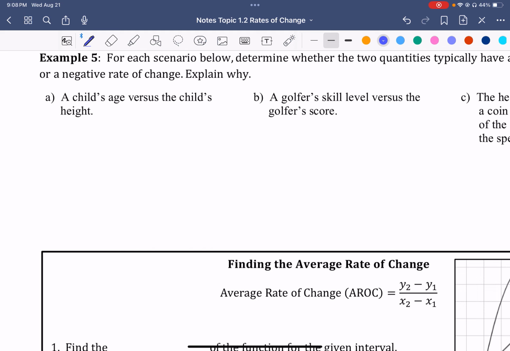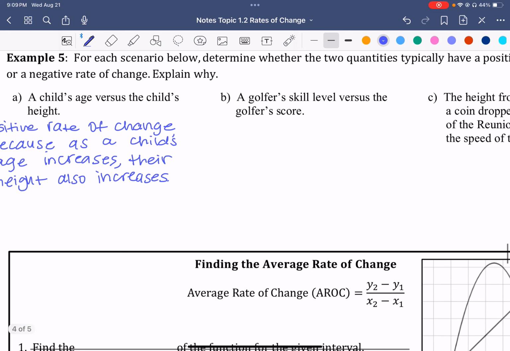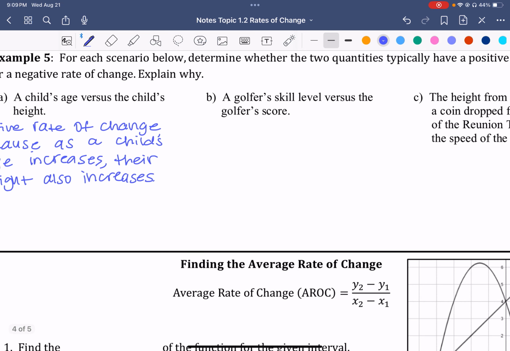Earlier, we said that this would have a positive rate of change because as a child's age increases, their height also increases, right? As you get older, you get taller up to a certain point, right? You're not going to grow forever, just until you're around 18 or 20 years old, you stop growing.